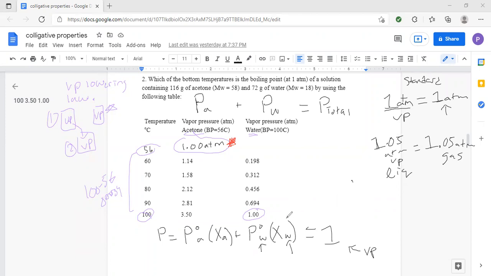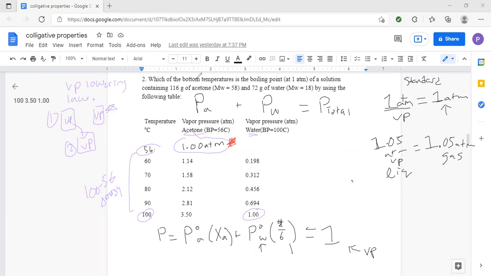So the mole fraction for water, I'm going to let y'all do the math because it takes a little bit of time, but I'll describe it. It's basically going to be 2/6, oops, I'm sorry, it's going to be 4/6.